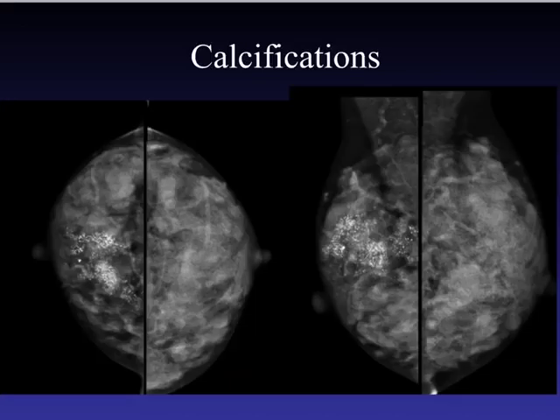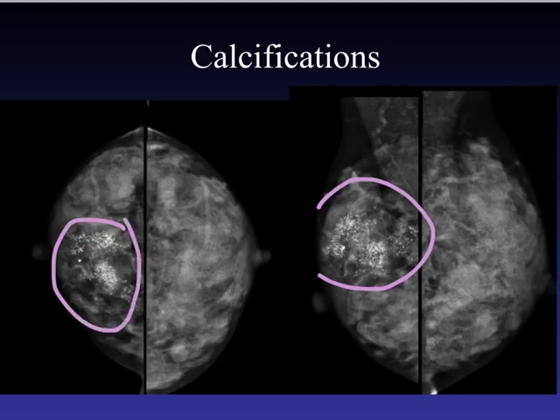When looking at a mammogram, we also look for calcifications. This is an example of a woman with very dense breast tissue. You can see this very white fibroglandular tissue in all four views. However, within here, the upper central to inner right breast, we see these little white dots that seem to be extending from the chest wall towards the nipple.